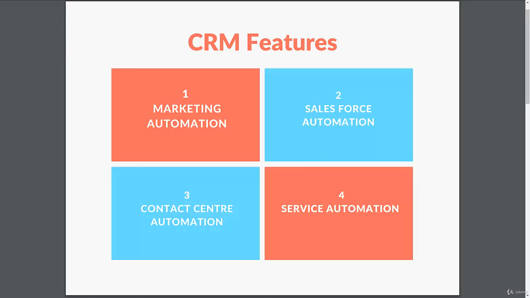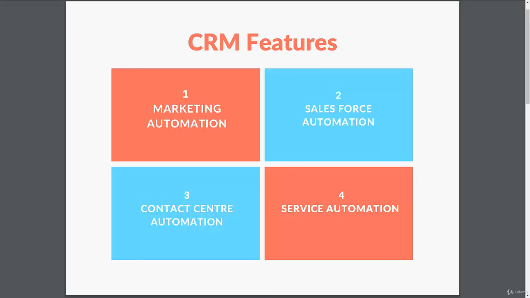A lot of aspects of this overall sales pipeline can be automated, like invoicing, adding of accounts, cross-checking of accounts, and doing away with multiple entries. All these things are part of the Salesforce automation, right?